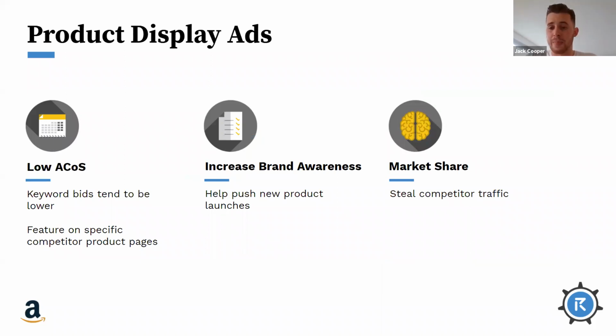You can steal competitor traffic, so increase your market share, increasing brand awareness across your competitor listings, directly targeting competitor listings and advertising your products on those listings. And as they're less competitive, because there tends to be fewer brands bidding on specific listings, you'll find that actually it shows a better return and it requires less investment. So definitely important to be aware of product display ads and investing in that as an advertising strategy.